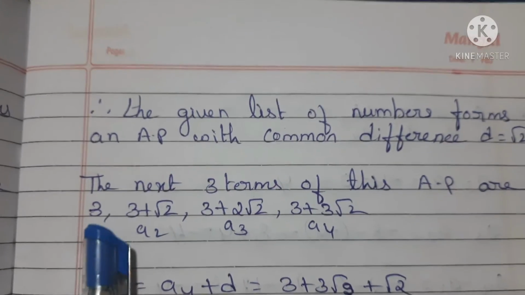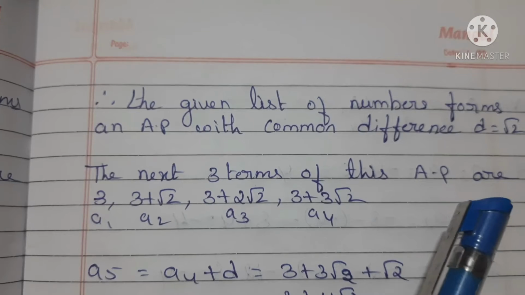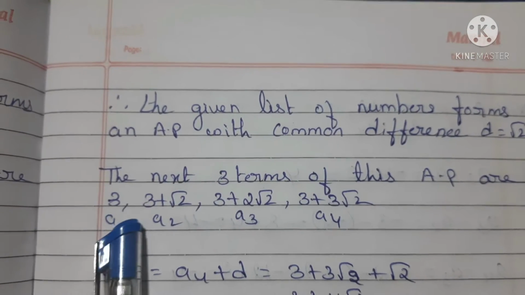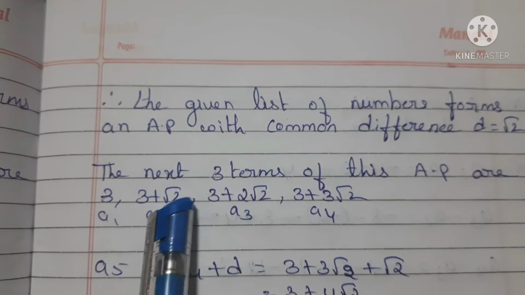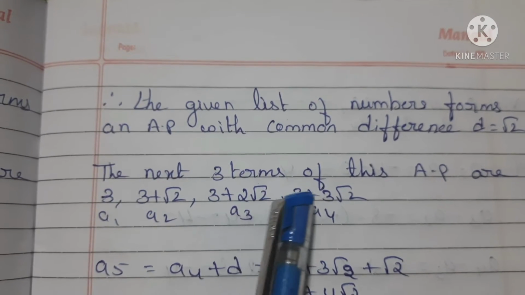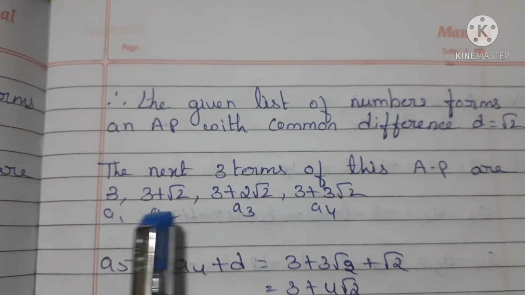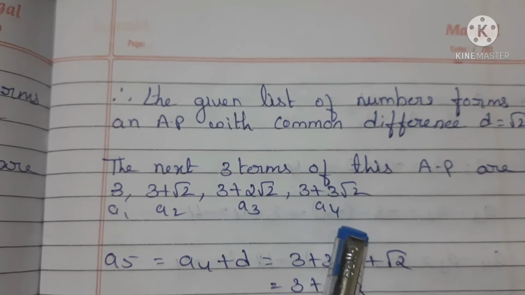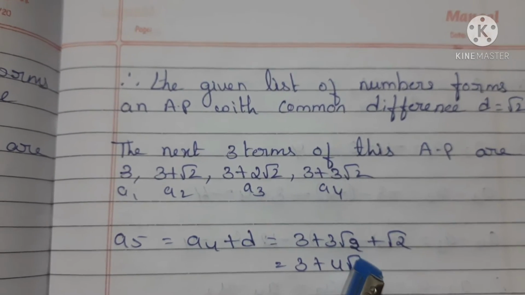Now we should find out the next three terms of this arithmetic progression. The given question is 3 comma 3 plus root 2 comma 3 plus 2 root 2 comma 3 plus 3 root 2. Now here these are a1, a2, a3, a4. Now we should find out a5, a6, a7.